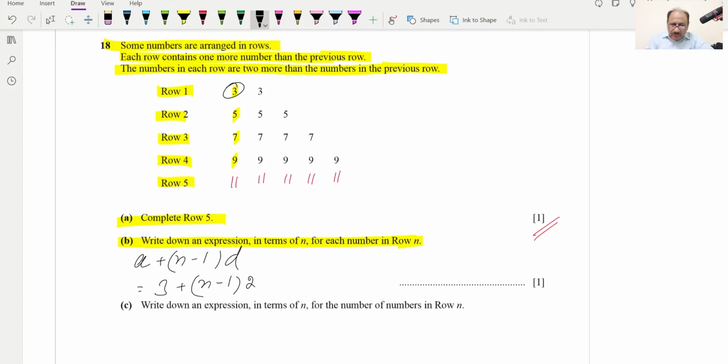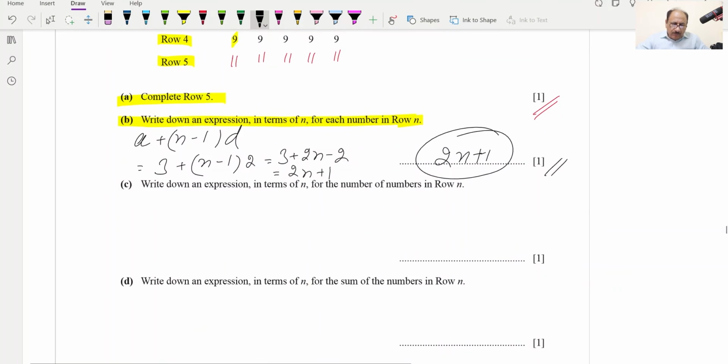We can rewrite as 3 plus 2n minus 2, so this will be equal to 2n plus 1. So our formula will be 2n plus 1. This is a 1 mark question. Directly also we can write 2n plus 1.